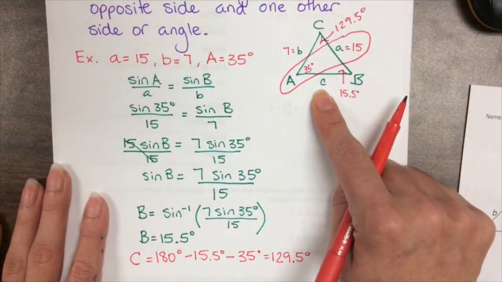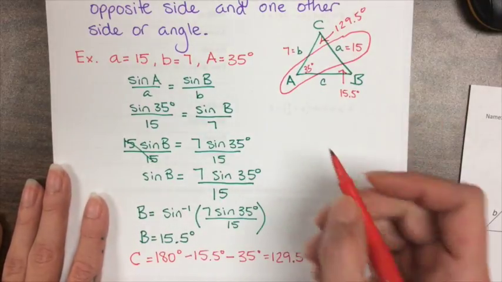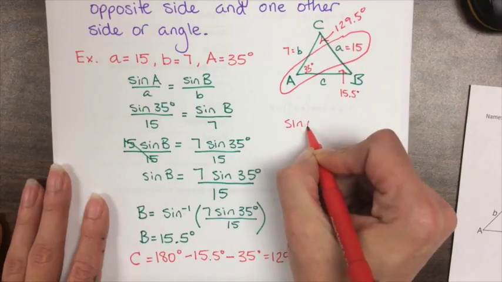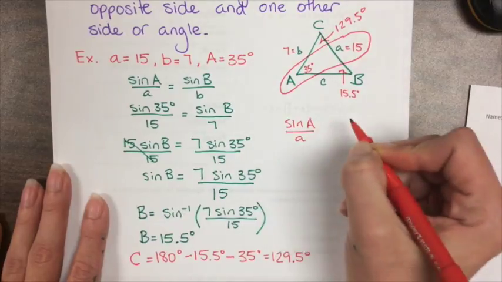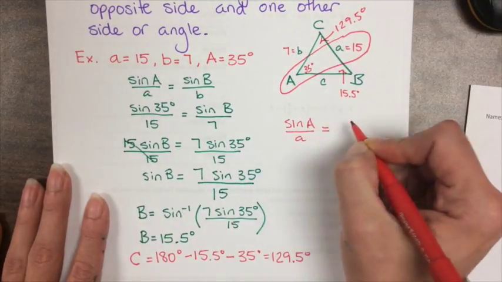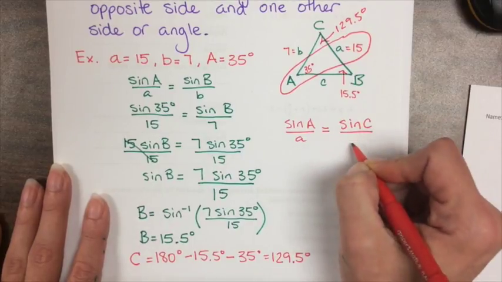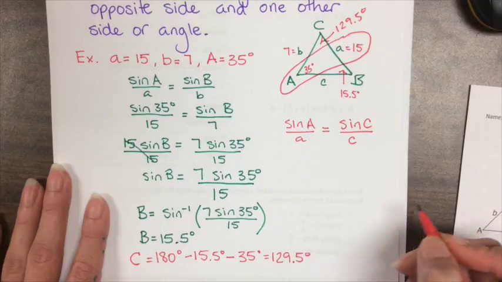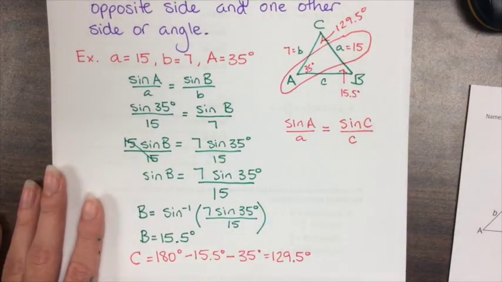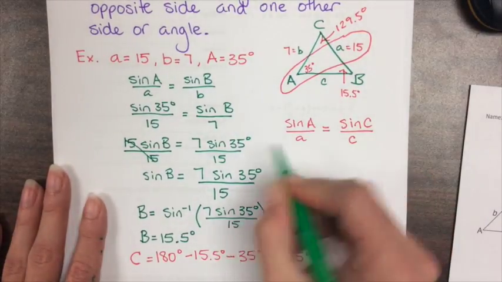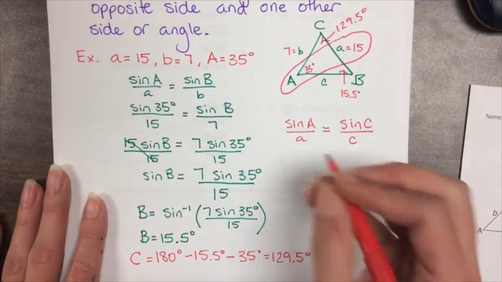So I'm going to use the sine of A over little a because that was given in my problem. And this time I'm going to pair it with sine of C over little c. Plug in what you know. So this is, let's just stay with red.